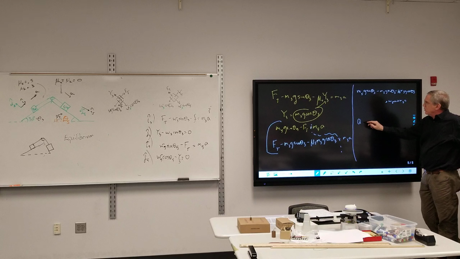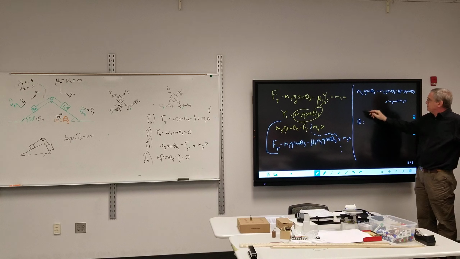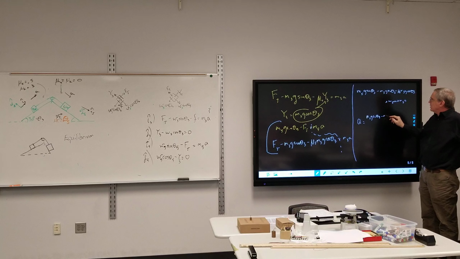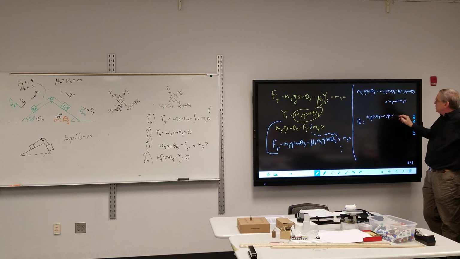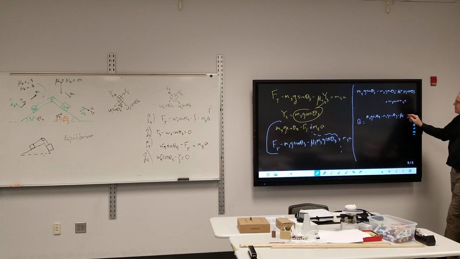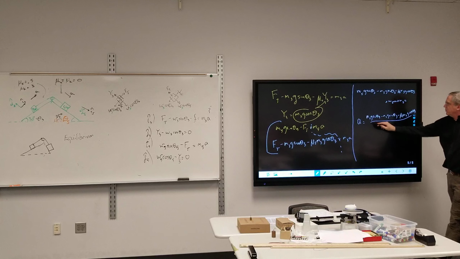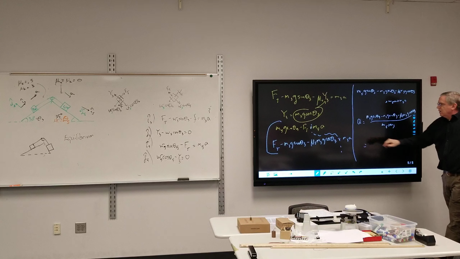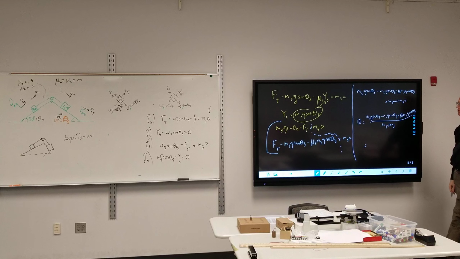Acceleration would be m5 g sine theta 5 minus m3 g sine theta 3 minus mu s m3 g cosine theta 3, over m5 plus m3. And then plugging in numbers.